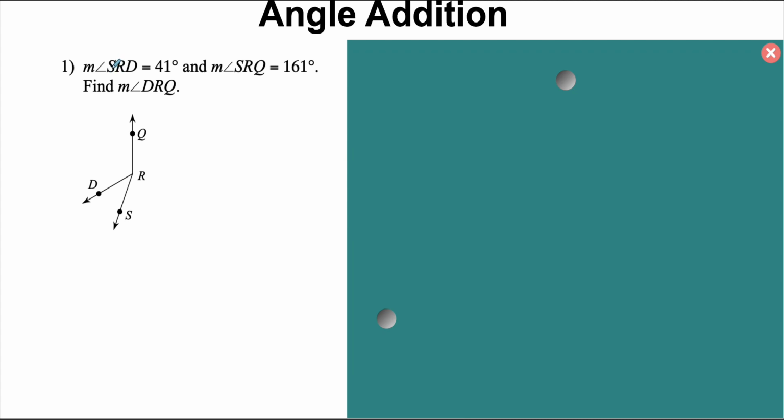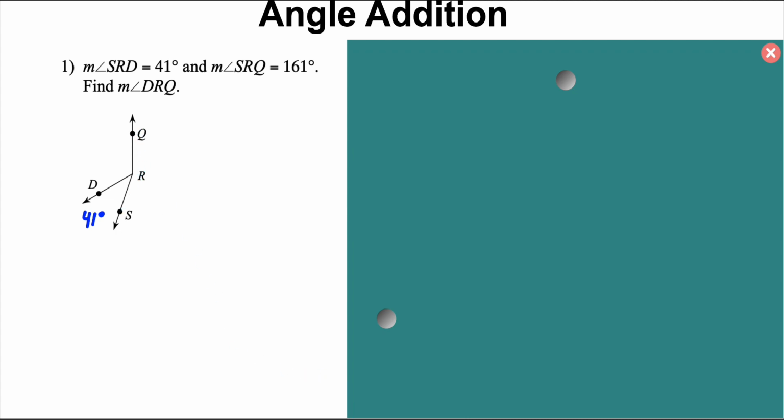So see how we have SRD, we have S, you go over here, RD. So this angle right here is 41 degrees. So you're gonna write down 41 degrees, okay? Now you have SRQ, which equals 161.